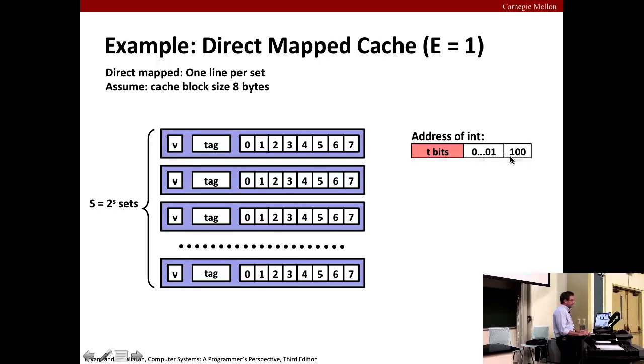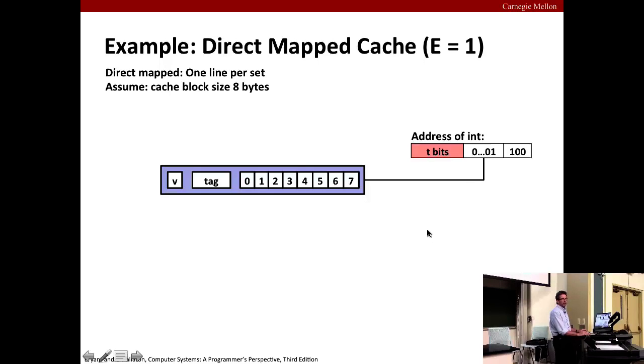For this particular address, the block offset is 4, the set index is 1, and then there are some tag bits, which we'll just denote with the color pink. So the cache extracts the set index, which is 1, and uses that as the index into the array of sets. And then it just ignores all the other sets.